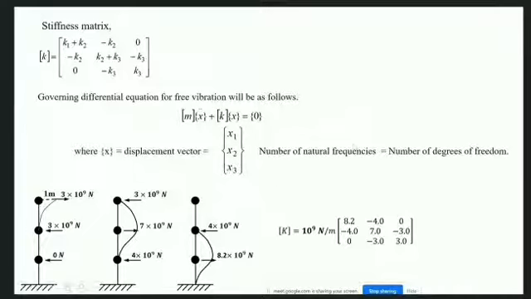We know that the number of natural frequencies which will come will be nothing but equal to the number of degrees of freedom we are considering. And therefore the problem size will also be in the order of 3. If we would have considered 5 degrees of freedom, it would have been in the order of 5, and so on. Understandable? Any question up to this?